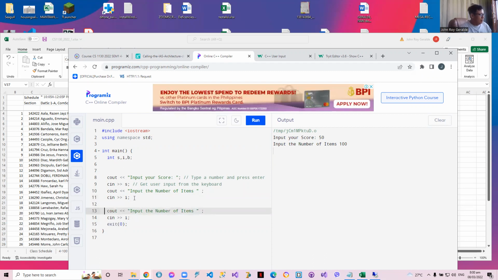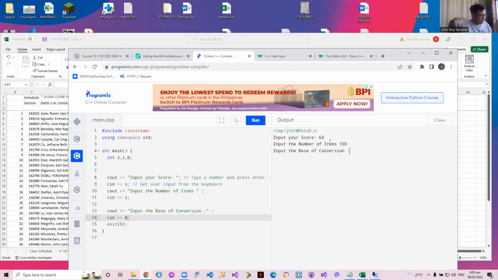Now, this time we input the base. For converting, we are discussing here how to do it in C++. So 60, 100.